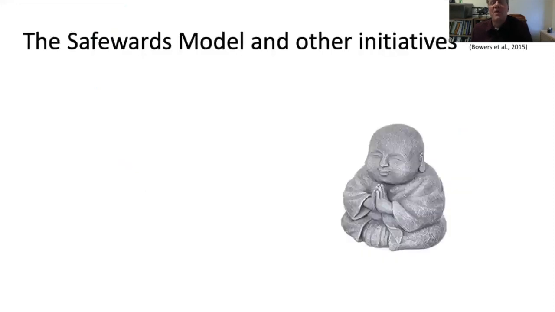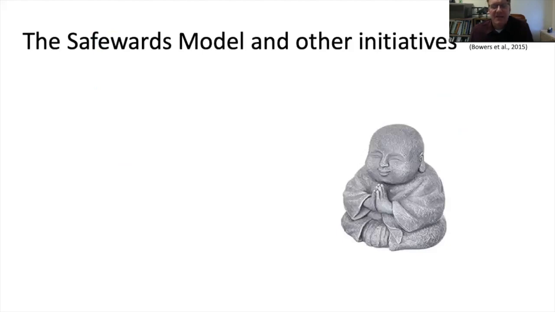So one of the important reasons to talk about the Safewards model prior to the Bröset violence checklist is that the Safewards model can contain a lot of other interventions.